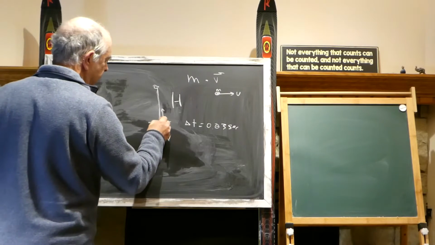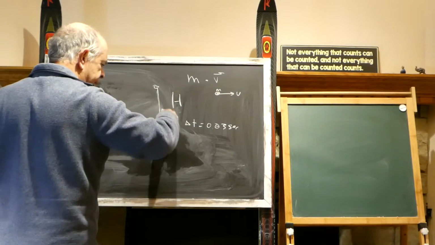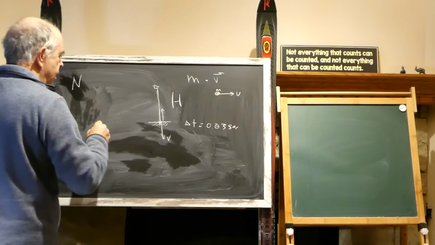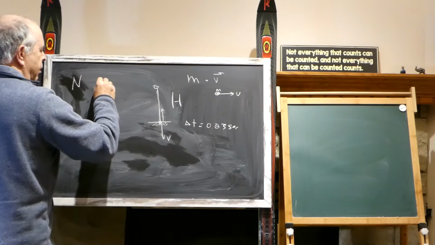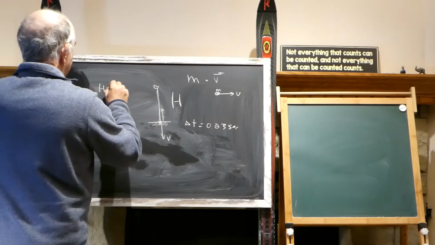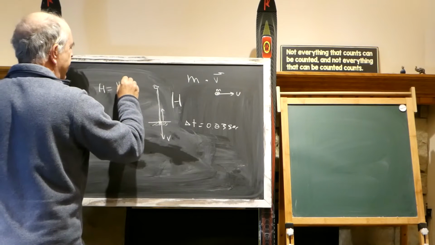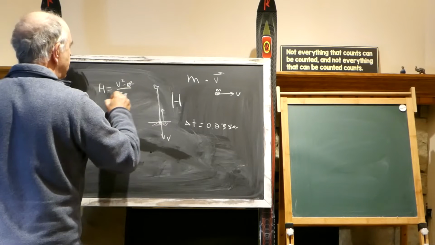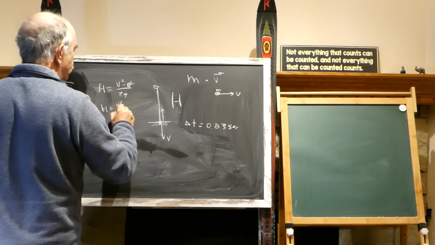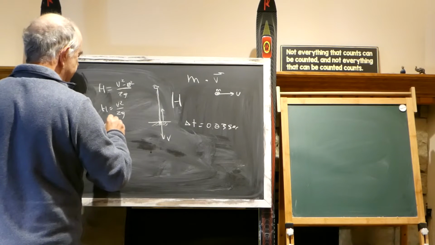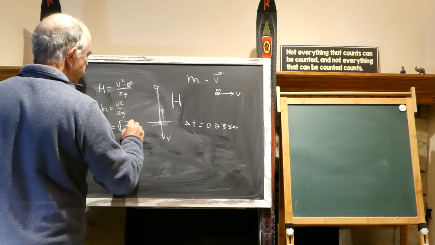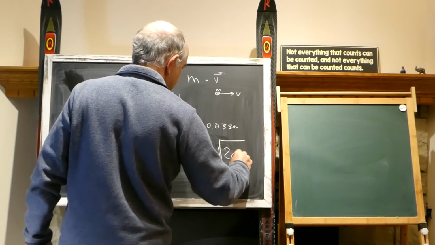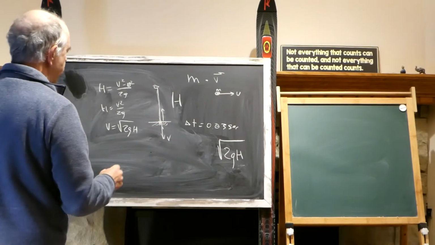So when the body goes from here, going with v0 down, we immediately can calculate v in this case, because remember h equals v squared final minus v squared initial, which is 0, over 2g, so h equals v squared over 2g, and we immediately can say that v equals the square root of 2gh. This is the speed with which we're approaching.